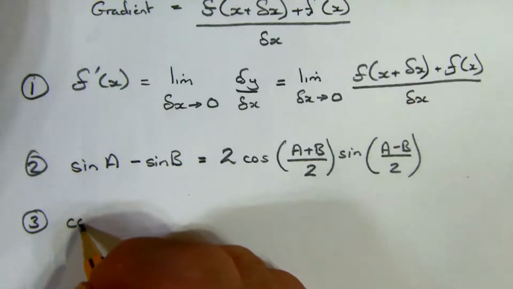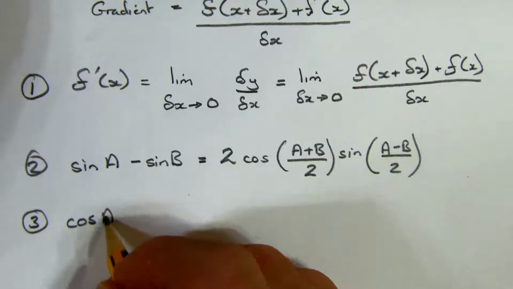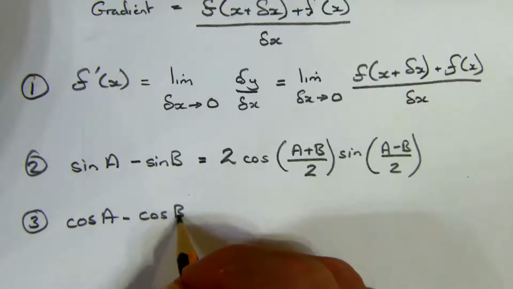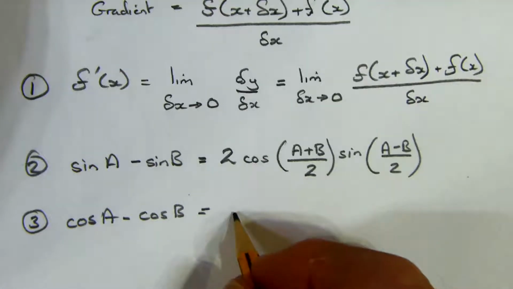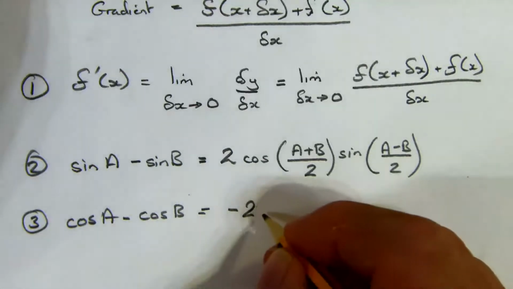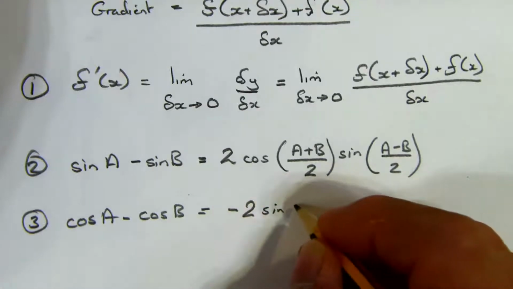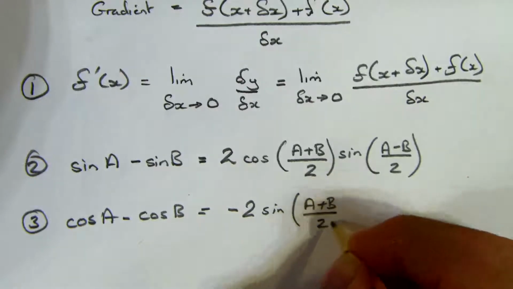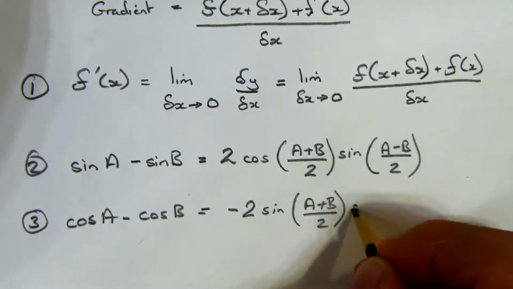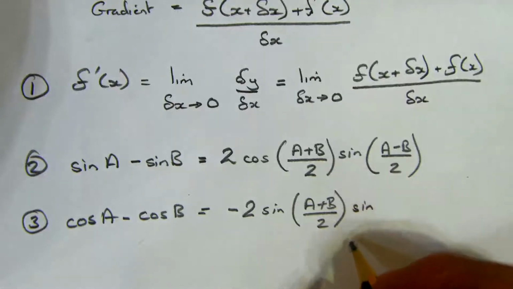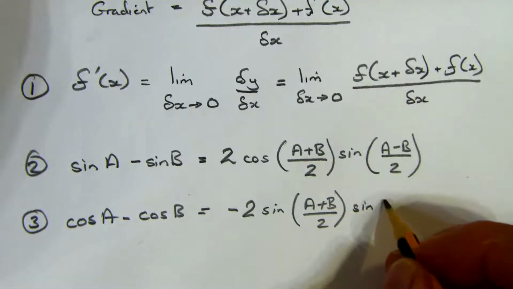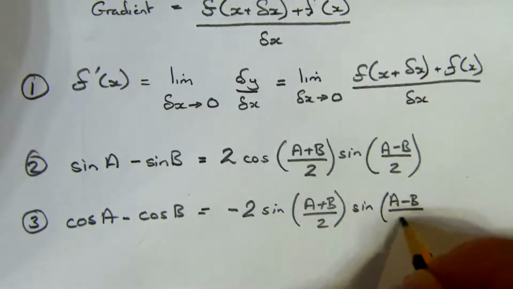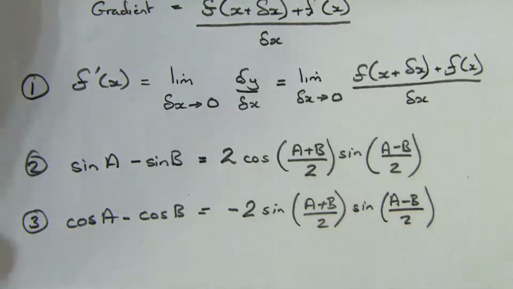We'll remind ourselves that cos of A minus cos of B is going to be minus 2 times the sine of (A plus B) divided by 2, times the sine of (A minus B) over 2.